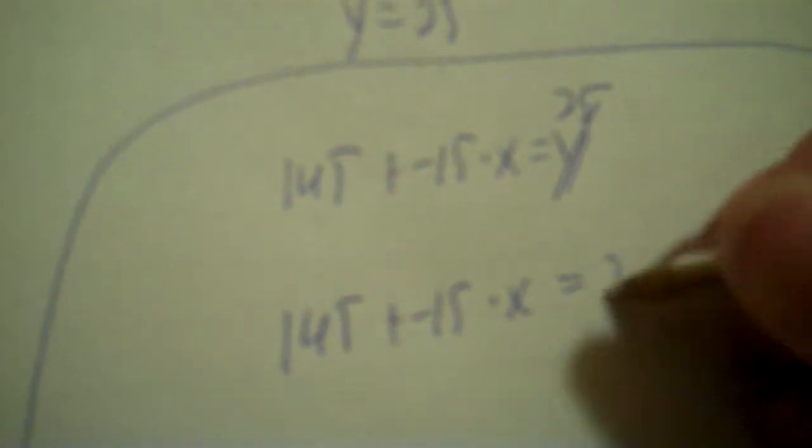So now make your line. Put your equals y. Now, this negative 15 times x, that's the line slope. Now, the first number you had was 145, and that's your equation. So we have 145 plus negative 15 times x equals y, and then we put y equal to 25 so that I can find this x. So 145 plus negative 15 times x equals 25.